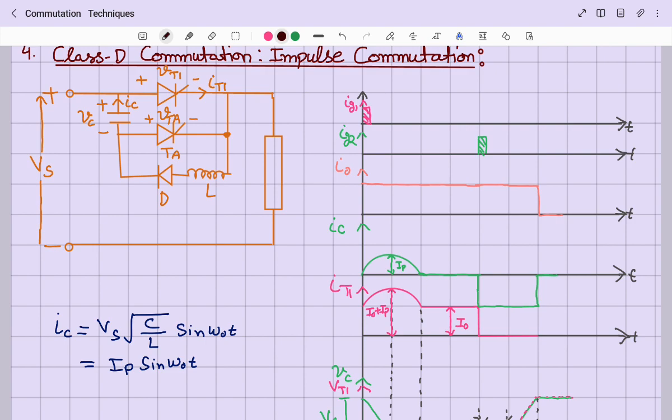So initially, at t equal to 0, the capacitor is charged up to voltage Vc equal to Vs with upper plate positive, lower plate negative.